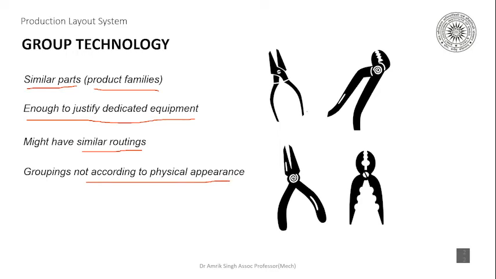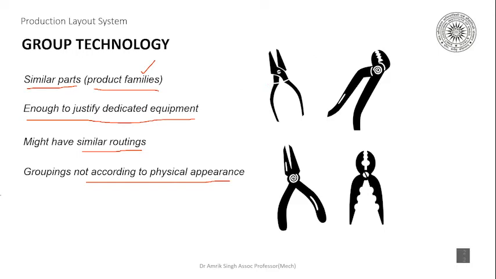Now you see, these are four different types of pliers that I have grouped. We can make a product family because they are all gripping devices. So we can say they belong to the same product family. For making these types of pliers, we may have similar operations and dedicated equipment.